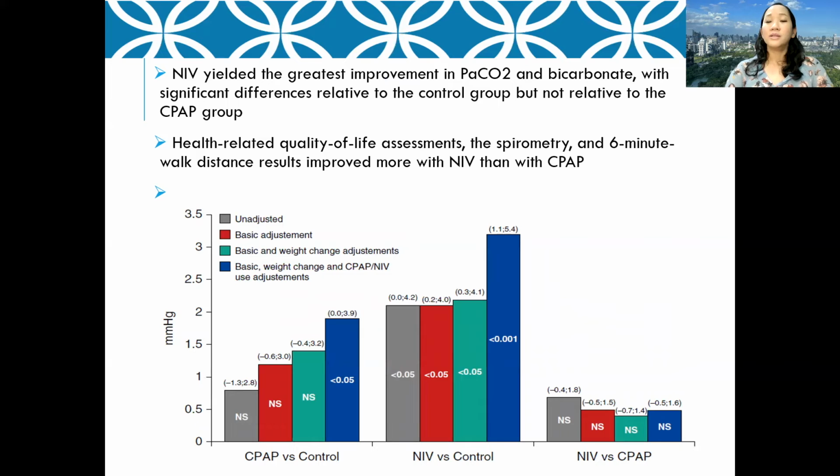However, there was no significant difference comparing the NIV and the CPAP. However, the NIV or the BiPAP actually seems to have better health-related quality of life assessments and spirometric parameters and 6 minute walk distance.